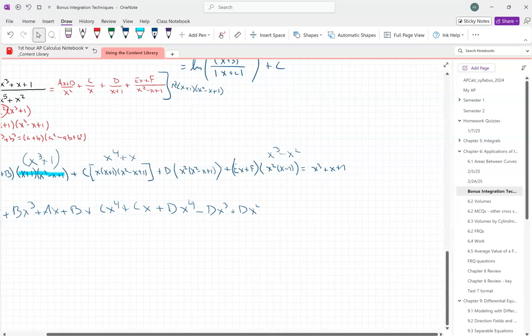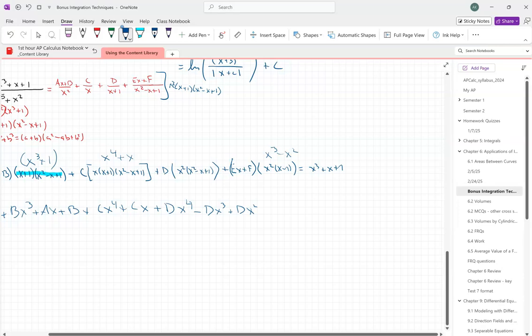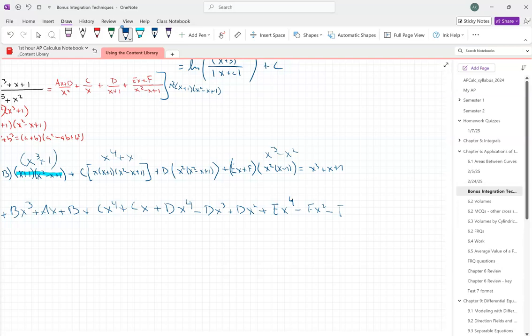And then again, we'll just multiply those together and FOIL again. So I'm going to have ex to the fourth minus fx squared minus ex to the third minus fx squared. Oops, oh yeah, that is right. And that's going to equal x cubed plus x plus 1.